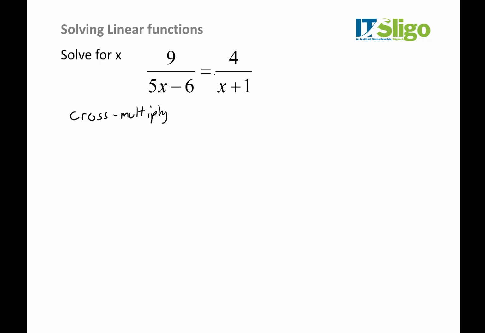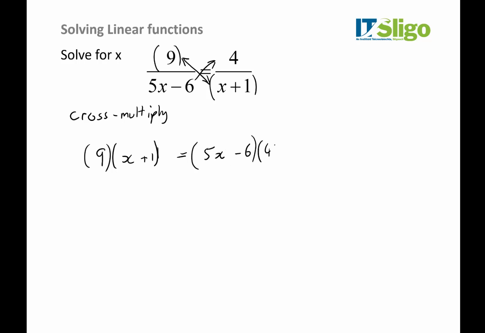So I multiply those two bits together, put brackets around both bits. So 9 by x plus 1 and then we multiply the other diagonal, is equal to 5x minus 6 multiplied by 4.